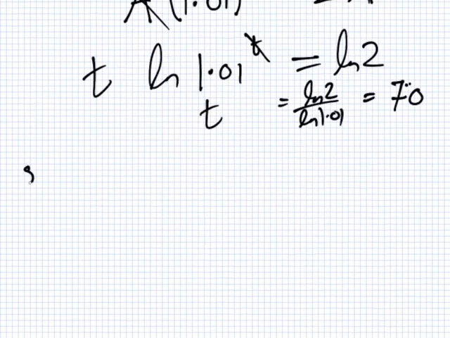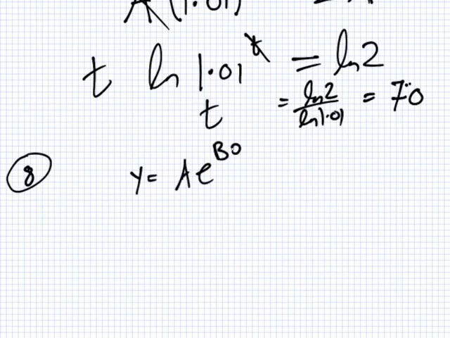So in number 8 on the same page, you had y equals A e^(bx). And by using log, I wanted you to rewrite this in a linear way. So if you put log on both sides, you get log y equals log (A e^(bx)).